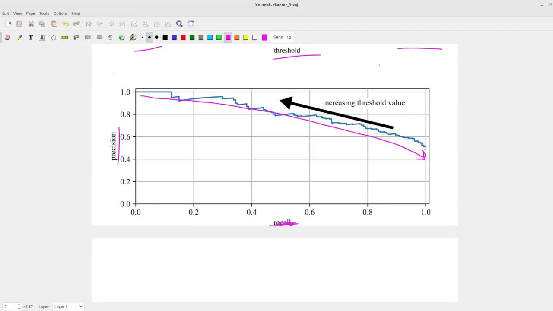But overall, it's not really so bad, I guess. When I have a precision of 0.5, I have a recall of 1, and when I have a recall of 0, I have a precision of 1. So they're not always going to be a perfect trade-off between the two. And looking at this precision recall curve can help you know how movable and robust moving your threshold around can be.